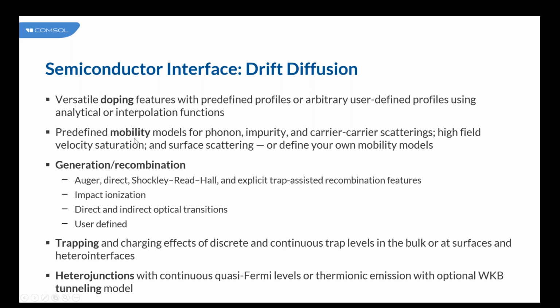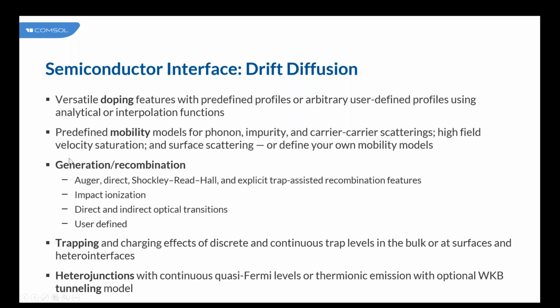And mobility models, we have several models available. You can add them together to include such as phonon effects, impurity carrier scattering, high field velocity saturation, and surface scattering. And you also can define your own mobility models.